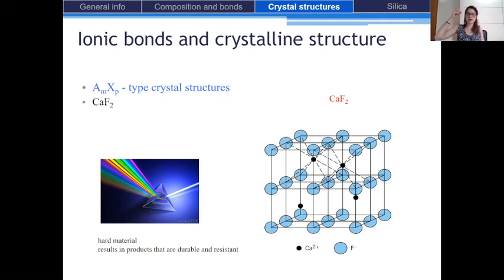So like the case of the cesium chloride structure, you will have a similar structure where the fluorine anions will be placed at the corners of a cubic cell, and you will have the calcium cation at the center of this cubic cell.